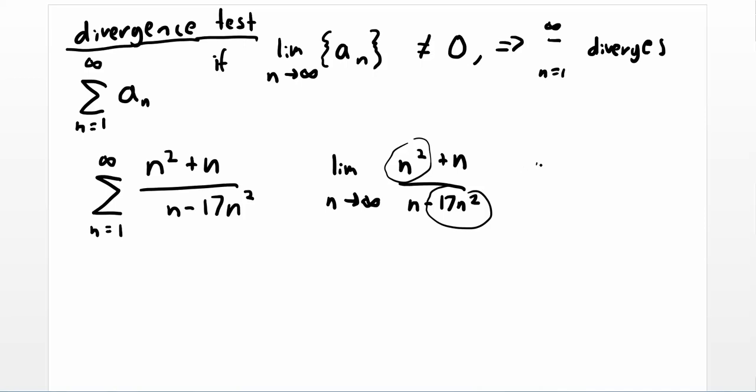So n squared over negative 17 n squared becomes negative 1 over 17. And this limit is negative 1 over 17. This limit is not 0, therefore we have our series diverges.